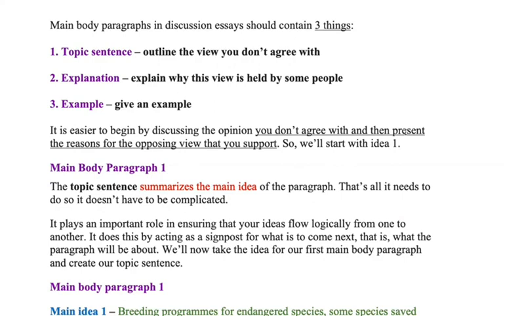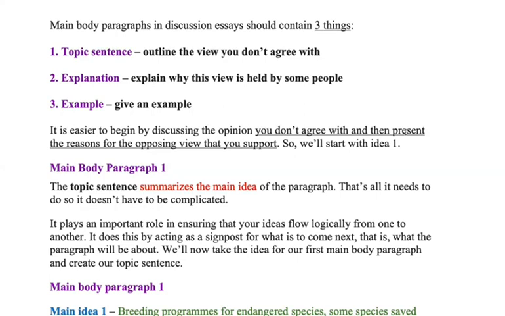That's the topic sentence. It plays an important role in ensuring that your ideas flow logically from one to another. It does this by acting as a signpost for what is to come next. In other words, that's what the paragraph will be about.